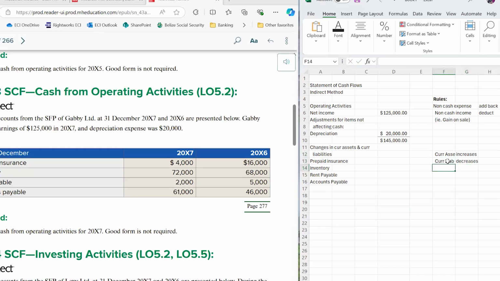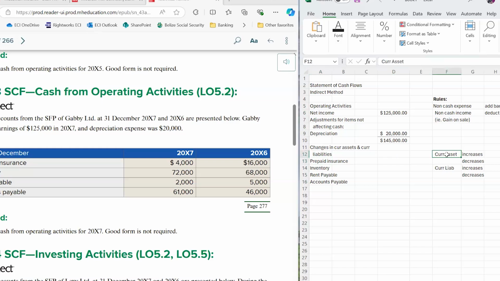And we have to talk about each of these types of items. So basically, in our operating activities section of our cash flow statement, our changes in current assets and liabilities go there. So we always start at net income, we adjust for non-cash items, and then we do our changes in current assets and current liabilities.